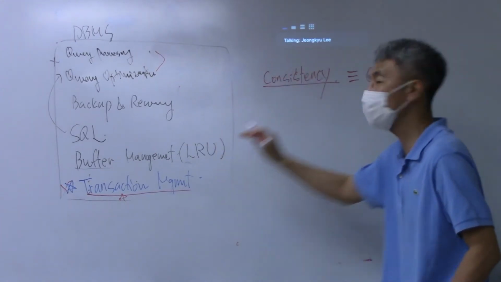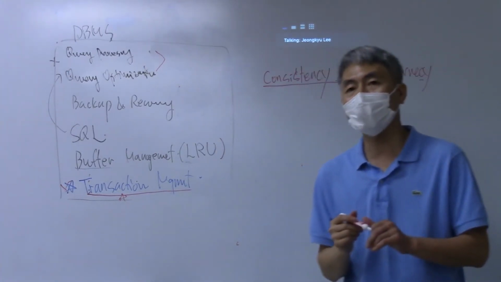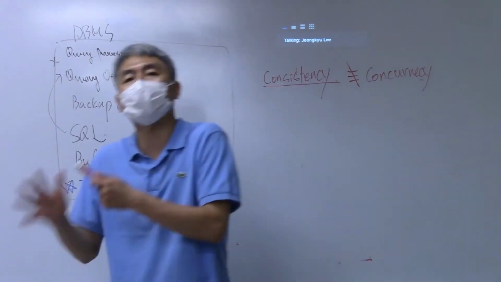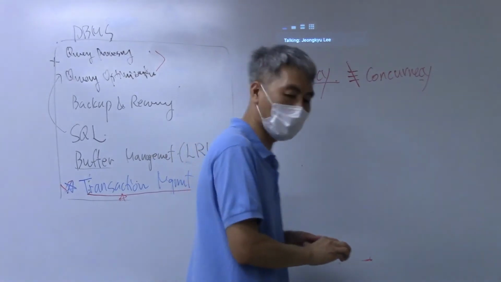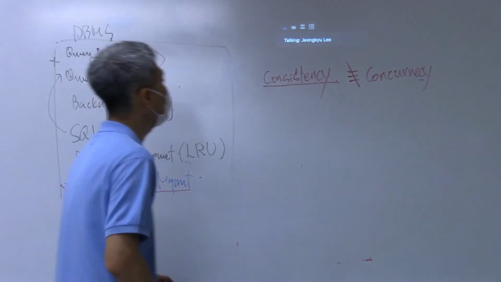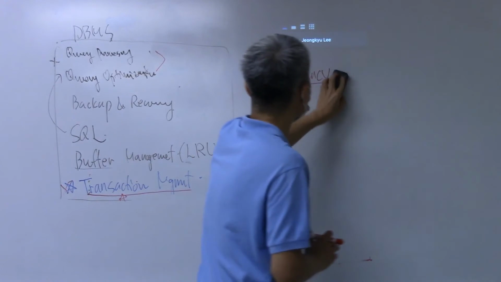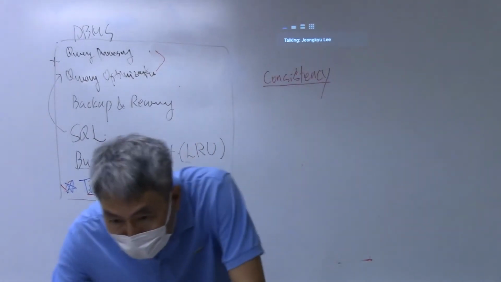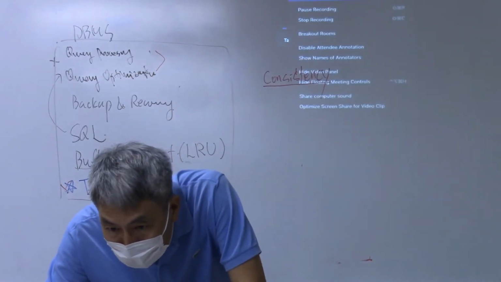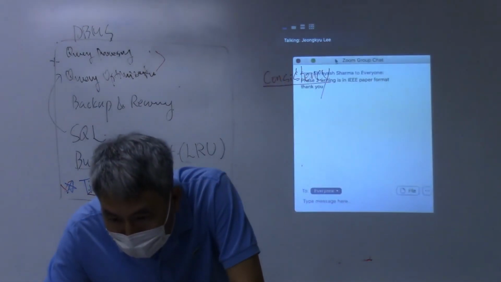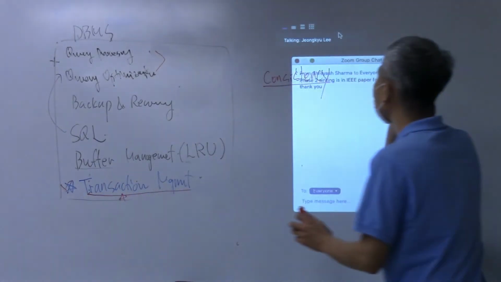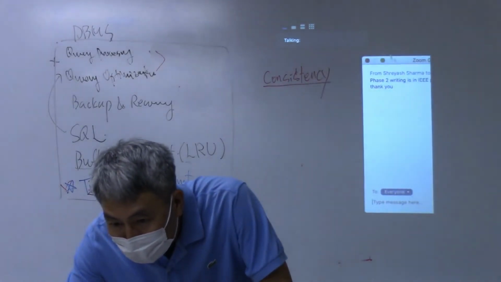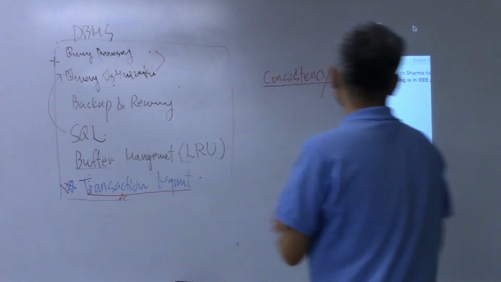Concurrent and consistency are not the same. Concurrent means multiple users are running at the same time, concurrently. So they are different. We are talking about consistency. So, do you remember what is the definition of consistency?